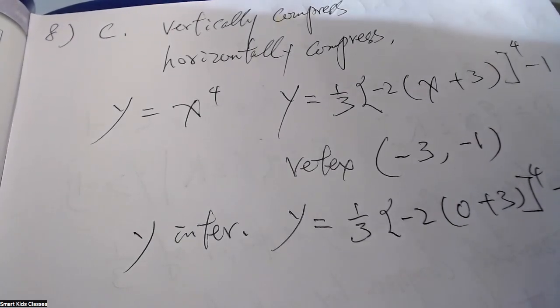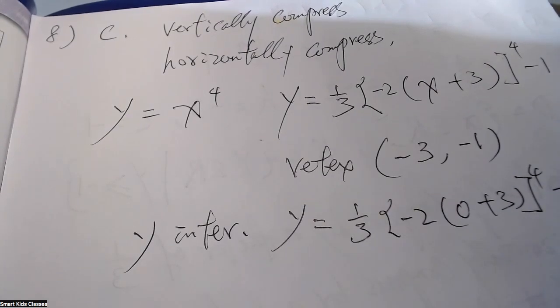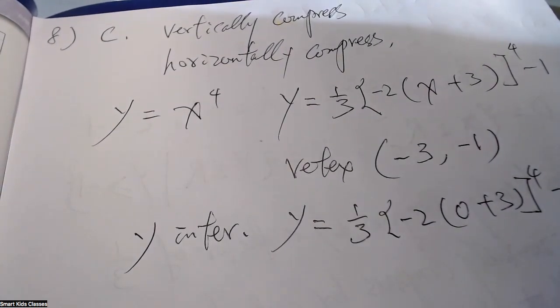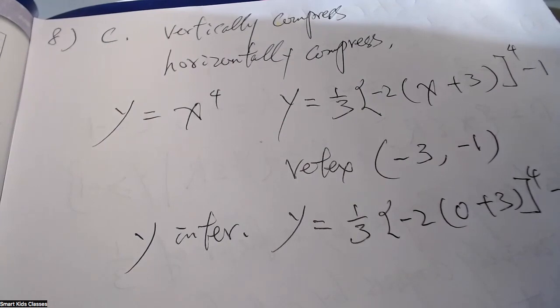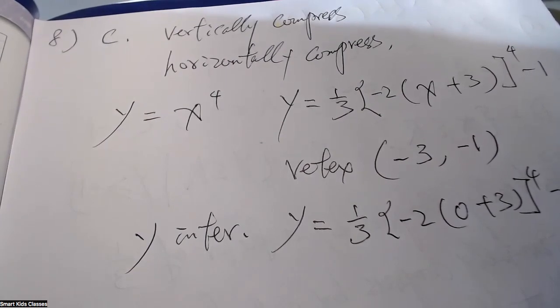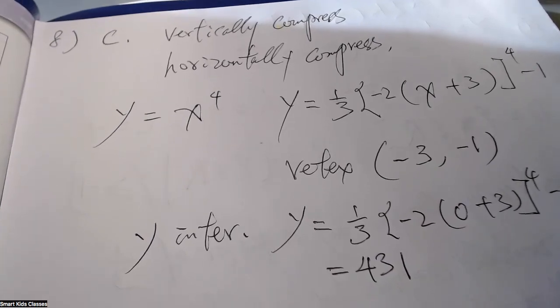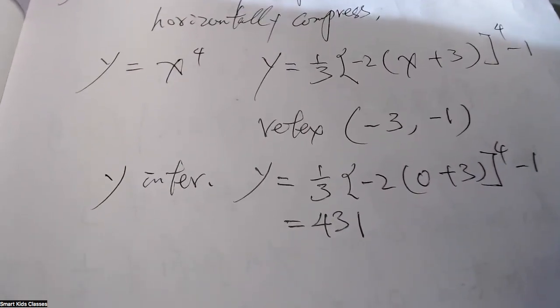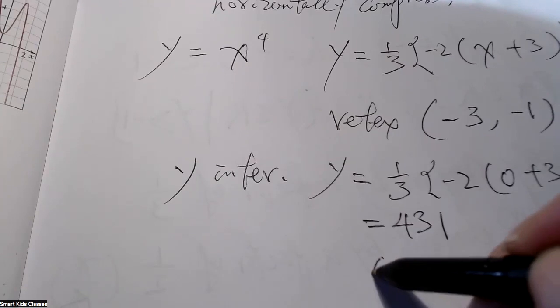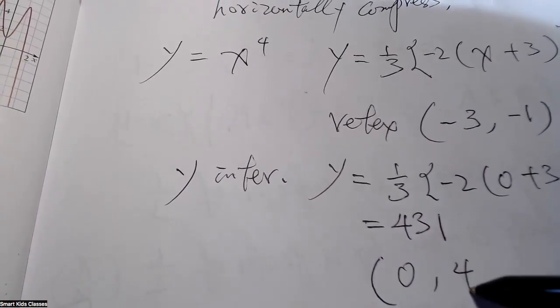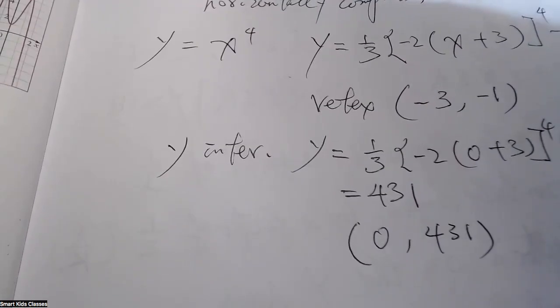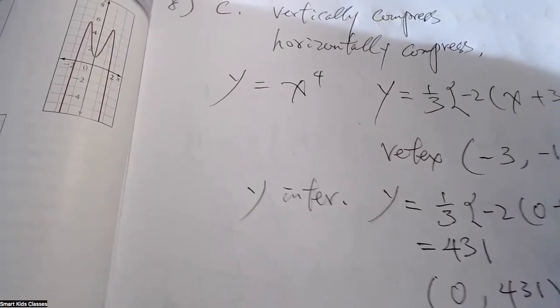So for the y-intercept, what are we going to get? We're going to plug it into the calculator, and let me get it quickly for you. So it equals 431. So the y-intercept is the point 0 and 431. It won't show in the graph because it's too big.